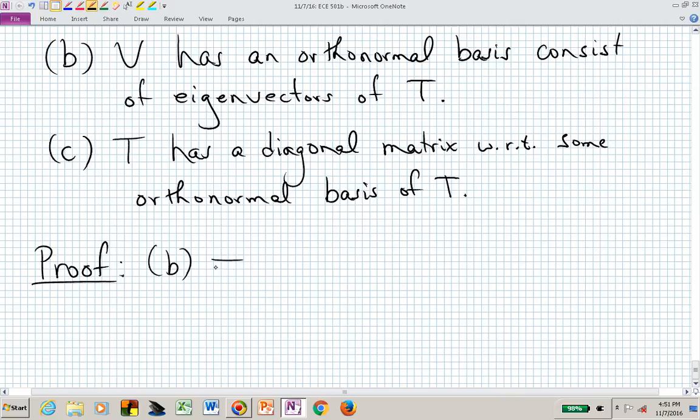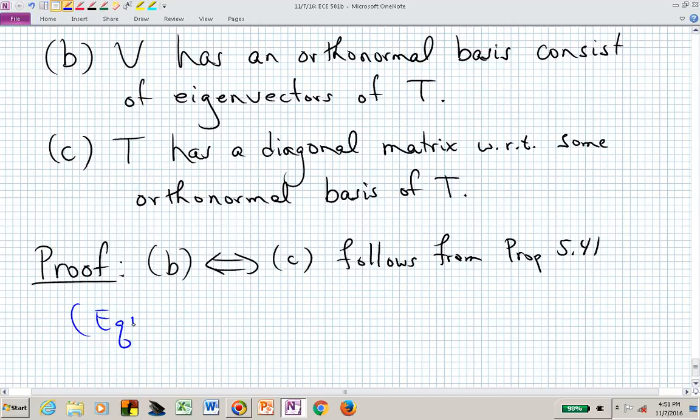So B is equivalent to C from proposition 41 in chapter 5, which was dealing with the equivalent conditions for an operator to be diagonalizable.